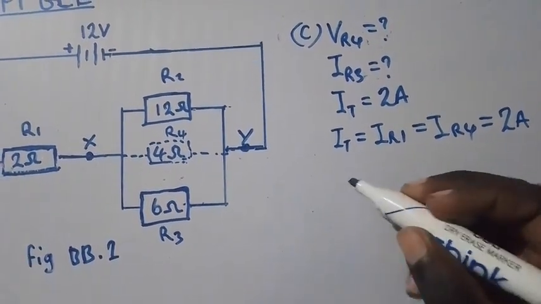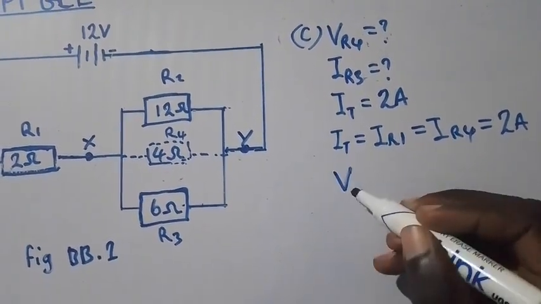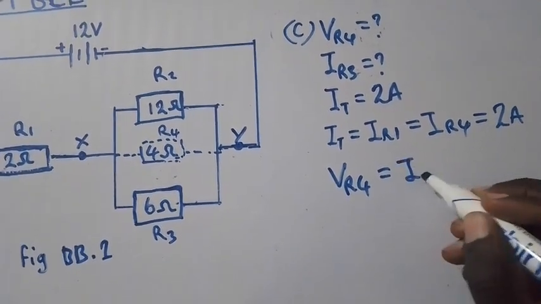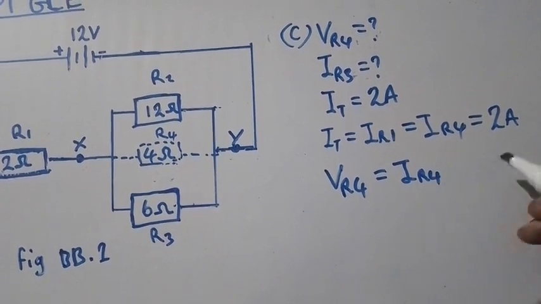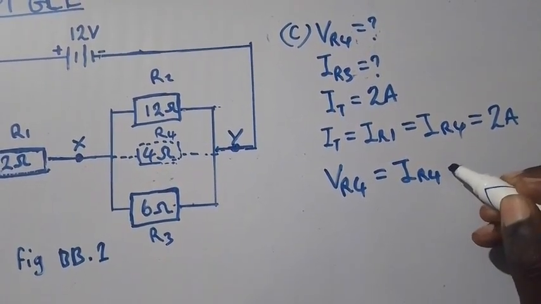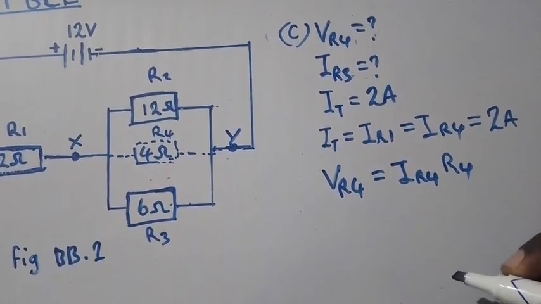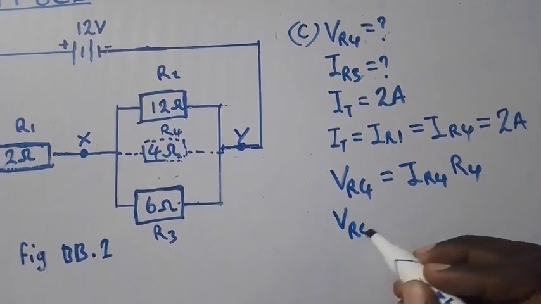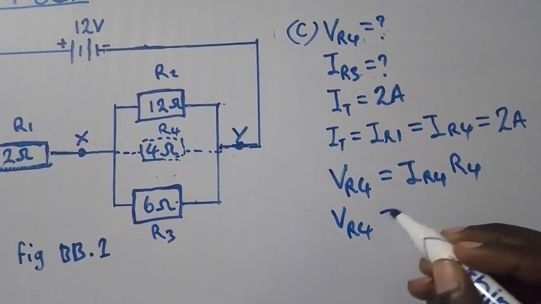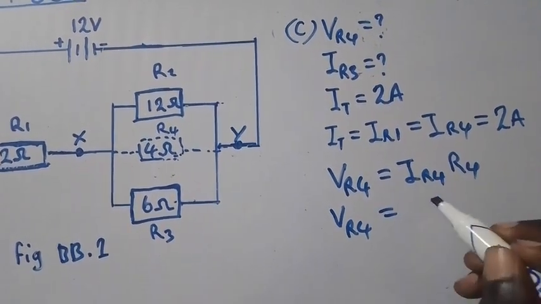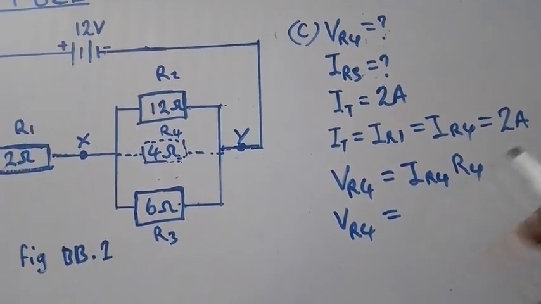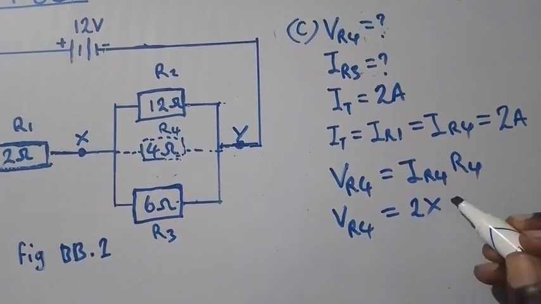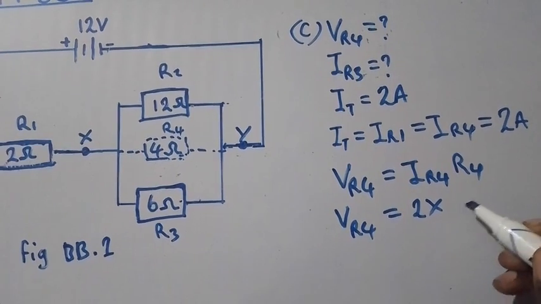So now we can calculate the voltage drop. Voltage drop through resistor 4 equal to IR4 times R4 itself. IR4, we have 2, times R4, we have 4.